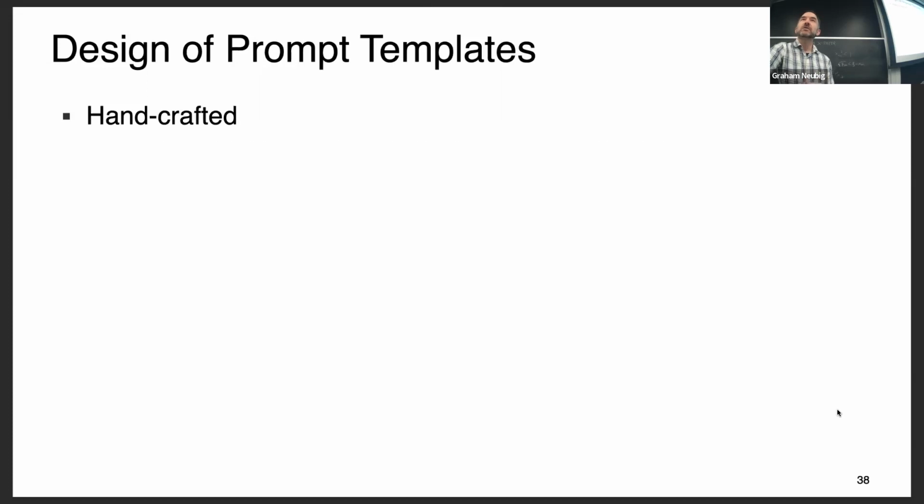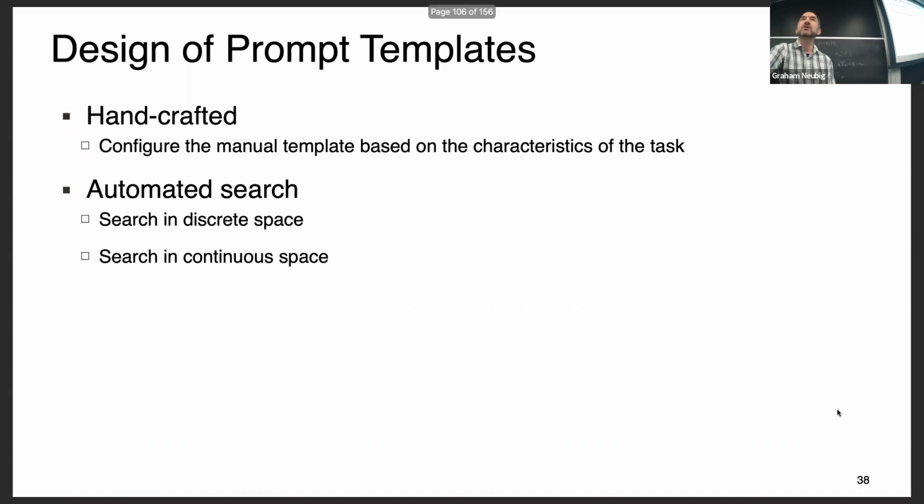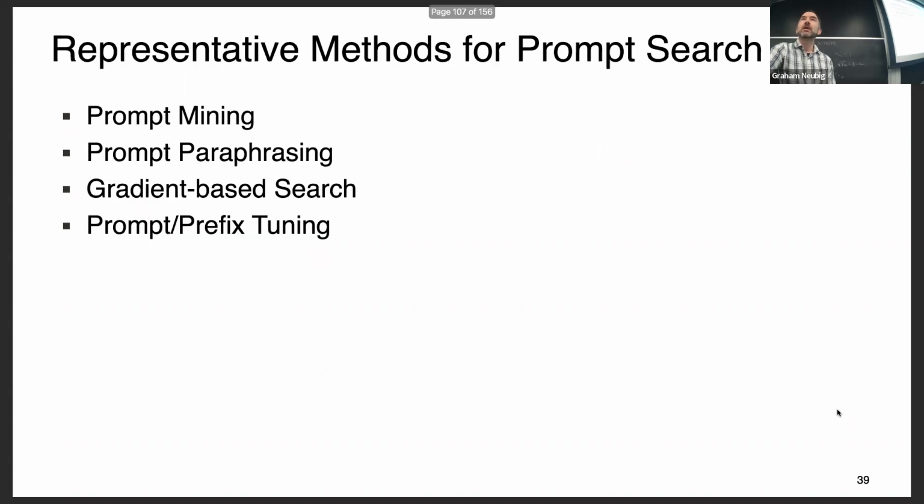The first way we can do this is with handcrafting, where we manually choose a template based on our intuition or trial and error, other things like this. We can also do automated search, where we search either in a discrete space or in a continuous space. I'm going to talk about a few representative methods for how we could do this search.